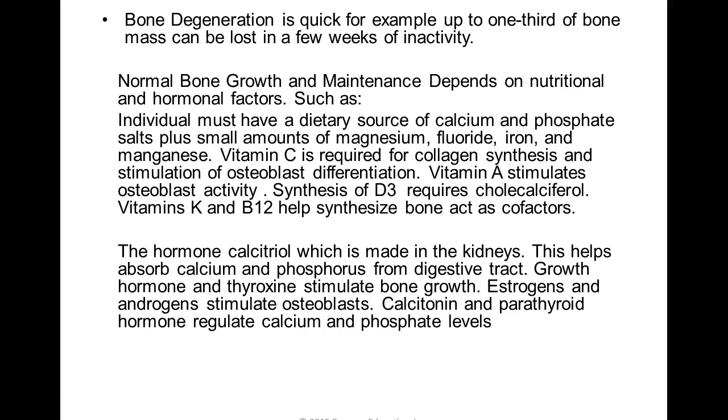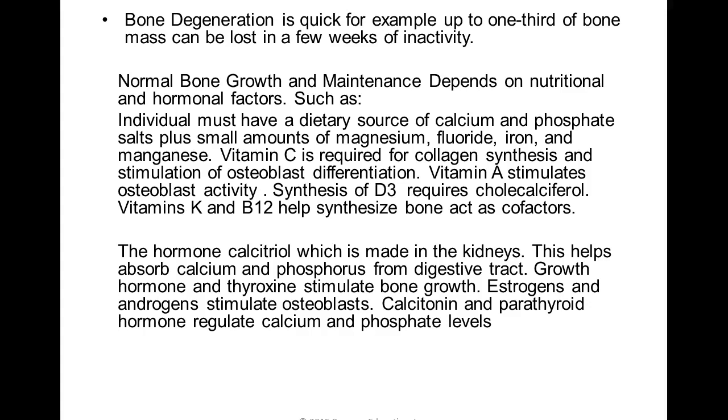Hormones that affect bone health are calcitriol and parathyroid hormone. Calcitriol helps calcium absorption in the digestive tract, and then also growth hormone and the hormone that's released by the thyroid gland, thyroxine, stimulate bone growth.